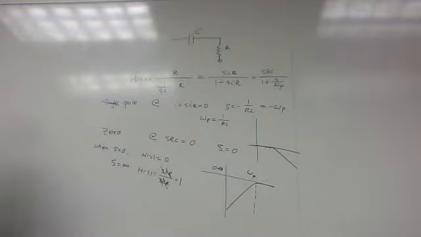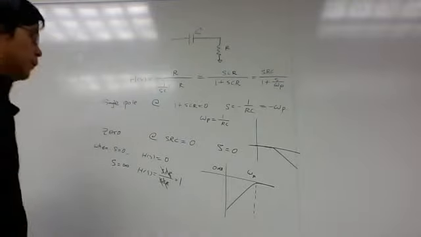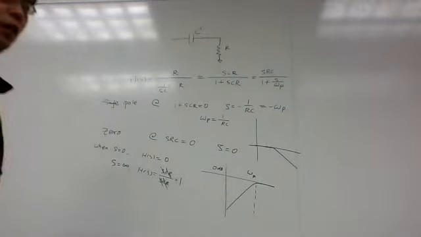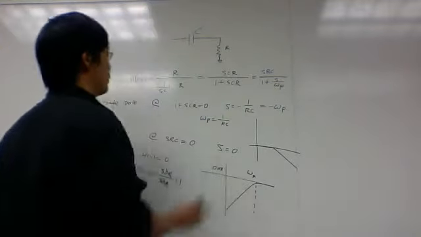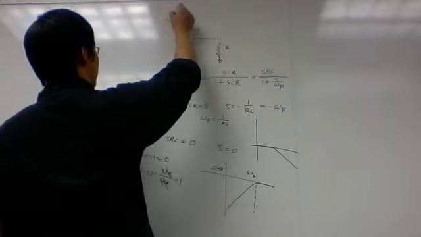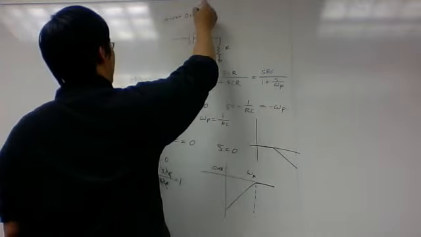So this is what we have so far: a combination of poles and zeros, and then you see the frequency behavior. This is called a first order section, right?